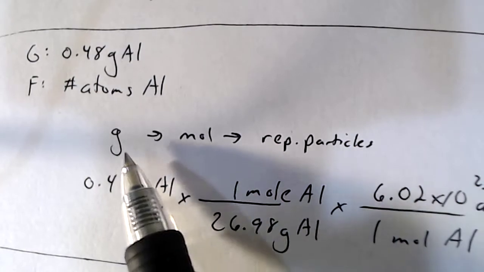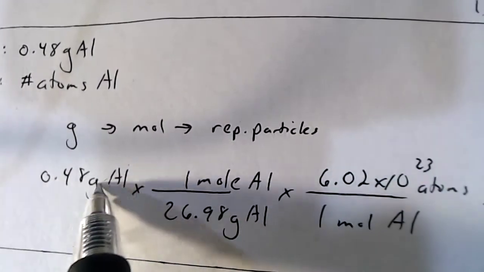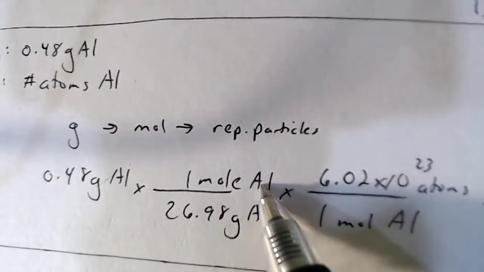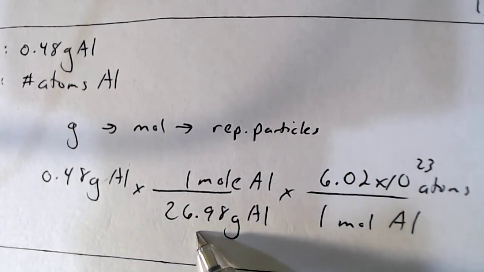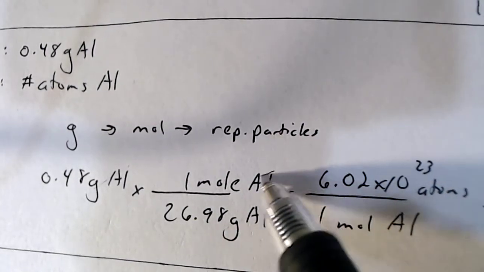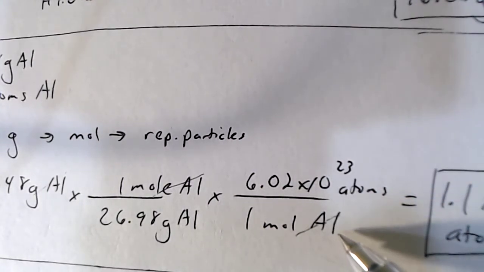So we want to go from grams to moles to representative particles. So first, convert from grams into moles of aluminum using the mass of a mole of aluminum. It's on the periodic table, 26.98 grams per mole. And then convert out of moles and into representative particles of aluminum. In this case, it is atoms because it's just Al. It's not Al2, it's not Al2O3.